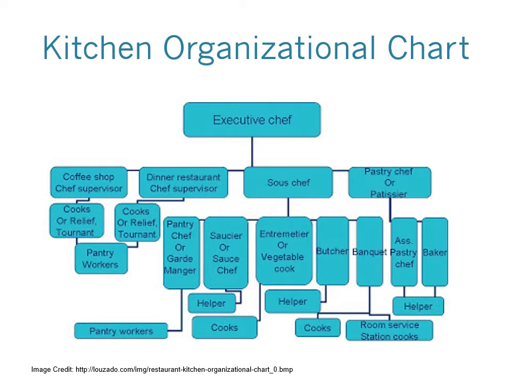For example, the baker is the responsibility of the pastry chef. So you can tell from our discussion here and just the overall chart, you know who the boss is for what staff, and you know which staff report to specific people. Okay, for example, the pantry worker at the very bottom left here does not report to the executive chef. The pantry workers report to the pantry chef.